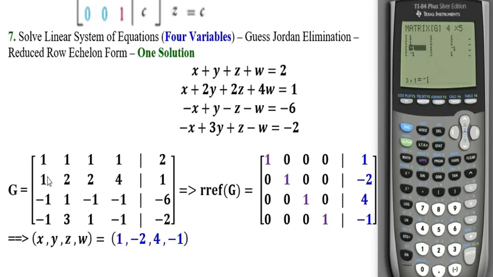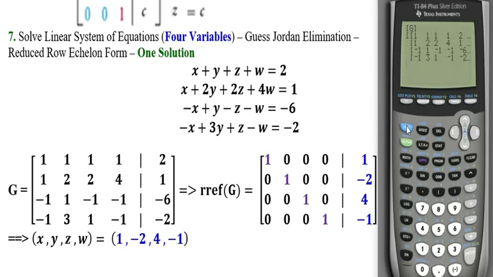Then 1, 1, minus 1, minus 1. Then second quit, second matrix, go to G, and here it is 1, 1, minus 1, minus 1, 1, 2, 1, 3, 1, 2, minus 1, 1, 1, 4, minus 1, minus 1, augmented with 2, 1, minus 6, minus 2.